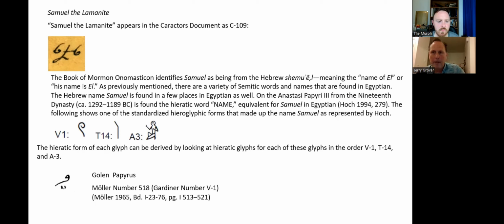And the Hebrew makes sense because it's the name of God. The name is El. The Egyptian word for Samuel basically means name. So they're basically just taking the meaning and putting it in. They probably aren't listing the God, but we know that that also means God in other parts of the characters document.